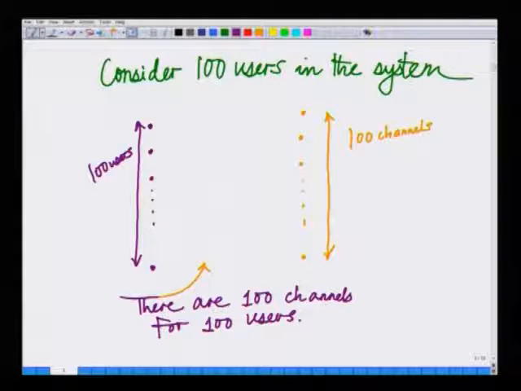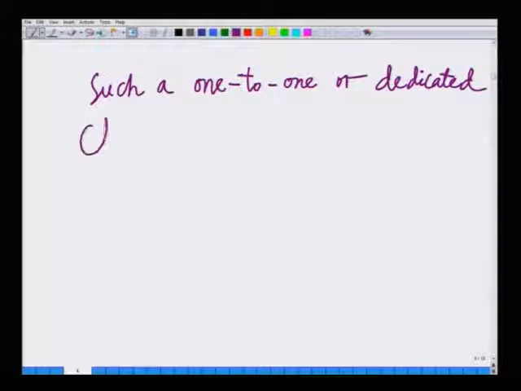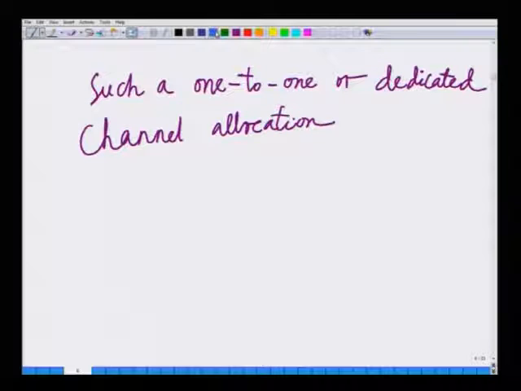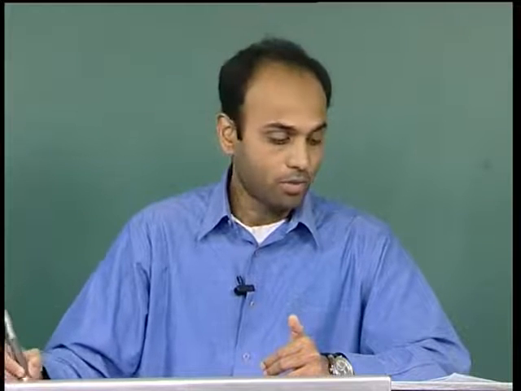Hence, such a fixed, dedicated, one-to-one channel allocation results in wastage of resources, as the probability that there is traffic from all users at any given instant of time is very low.